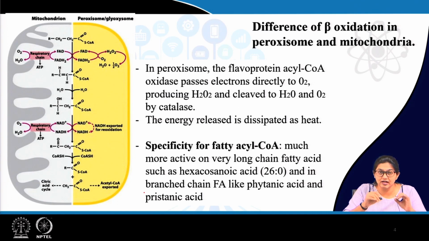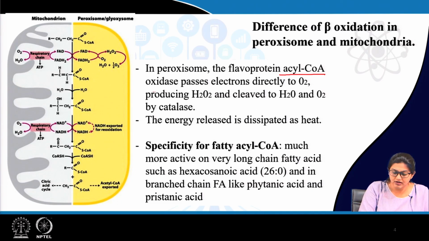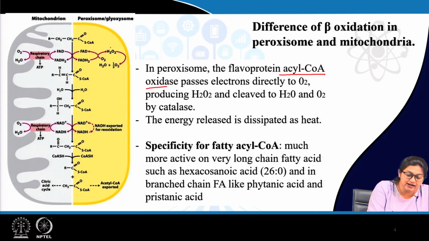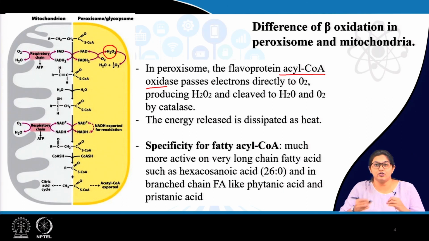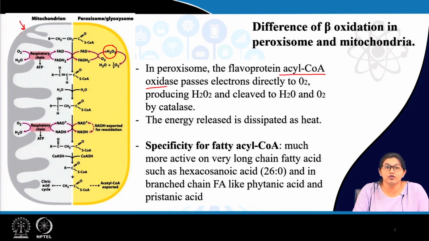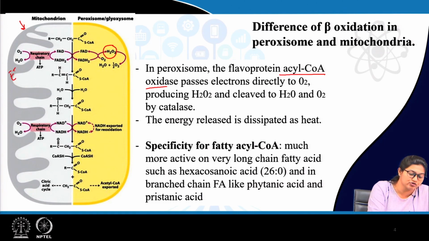Now, in the first step, the enzyme is a flavoprotein dependent oxidase here in peroxisomal oxidation, and that flavoprotein dependent acyl coenzyme A oxidase transfers the electron directly to molecular oxygen. In beta oxidation, shown here, if you remember, the electron through the flavoprotein is transferred to electron transferring flavoprotein, which carries the electron to the mitochondrial electron transport chain.